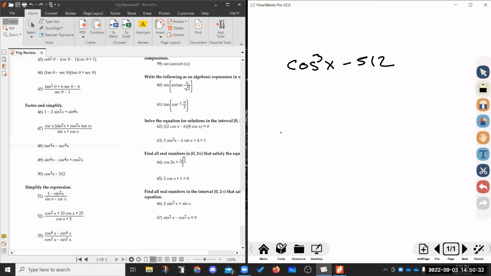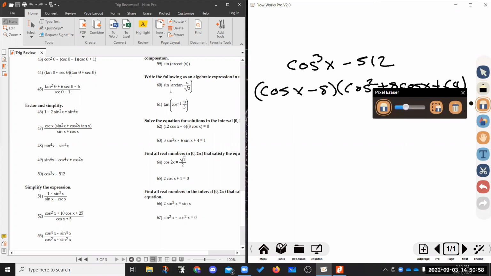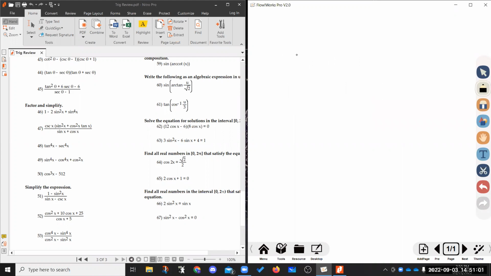So we have cosine of x minus 8 times cosine squared plus 8 cosine x plus 64. I think that's it. Remember that this is a difference of cubes that you can factor.